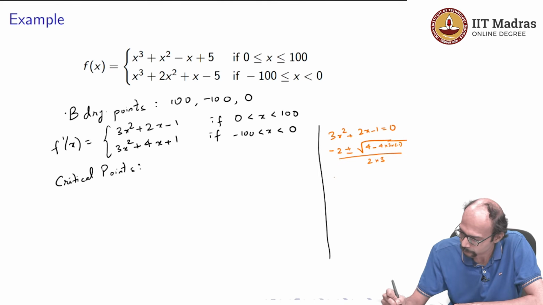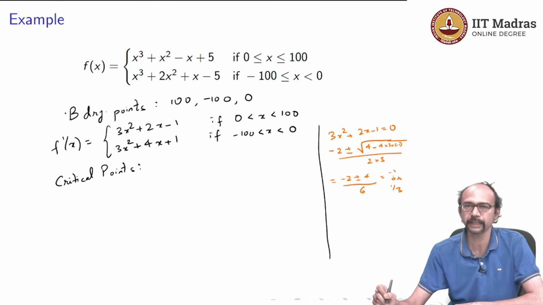So the two possibilities are minus 2 plus minus root of 16, that is 4, divided by 6. That is either minus 2 minus 4, which is minus 6, divided by 6, so minus 1, or minus 2 plus 4, which is 2, divided by 6, so 1/3.